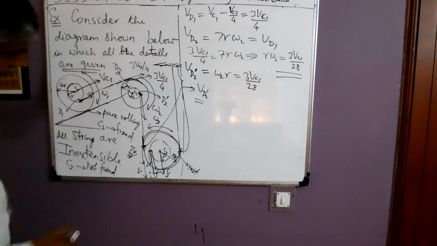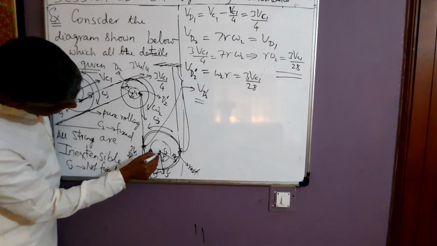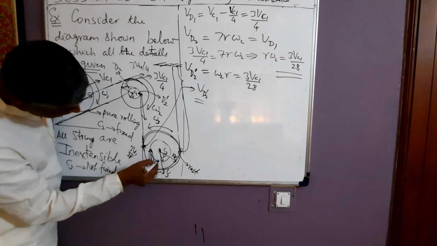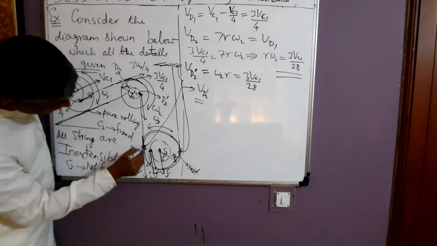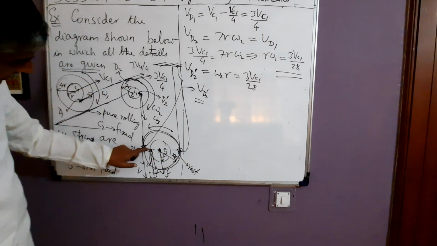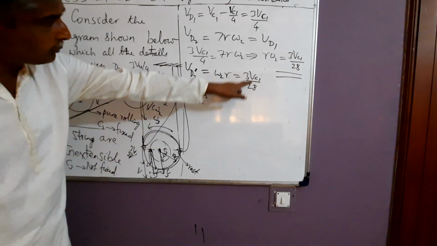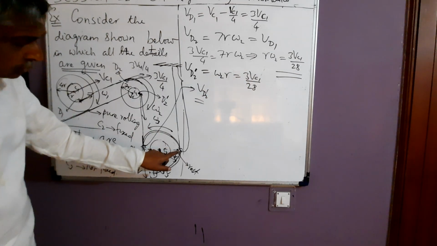So now what I do, I take these three points. Slightly lower I have drawn. Now see, consider these points: this point whose speed is 3Vc1 by 28, this point whose speed is V, and this point whose velocity is 0.